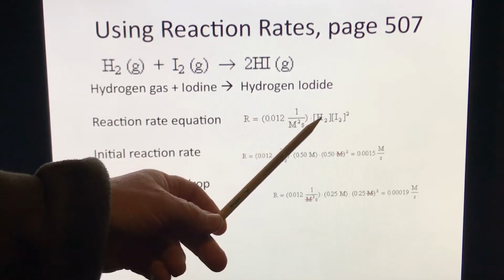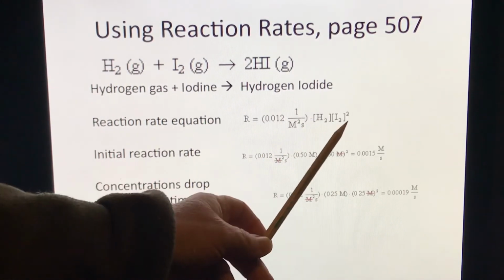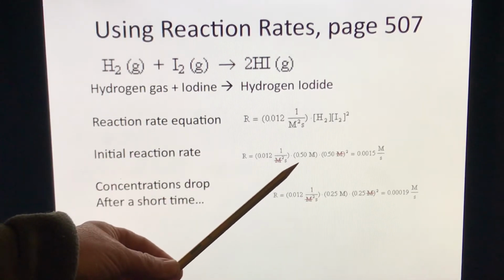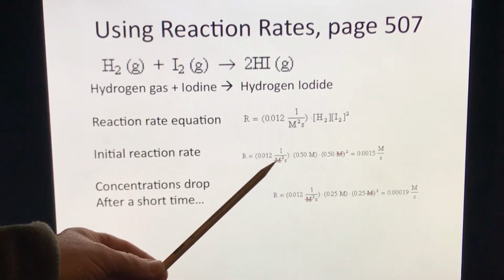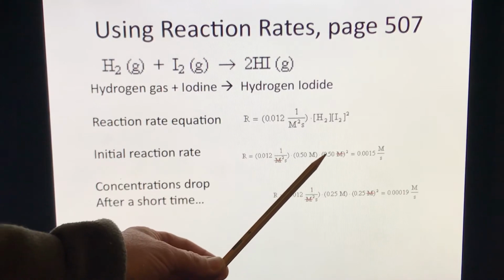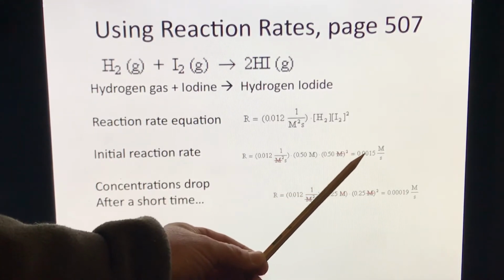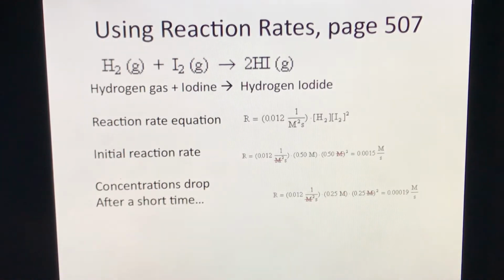This K, and then obviously we're plugging in the two different reactants here. And then if we were to imagine that we're running a reaction with this reaction constant, the K, and each of the reactants was 0.5 molar, our rate reaction here would be this amount, 0.0015 molarity per second.